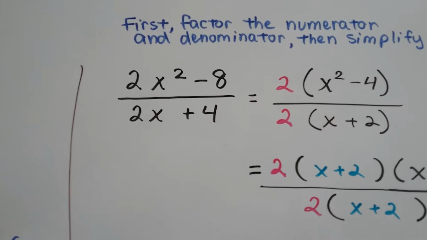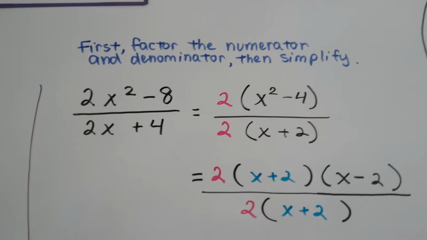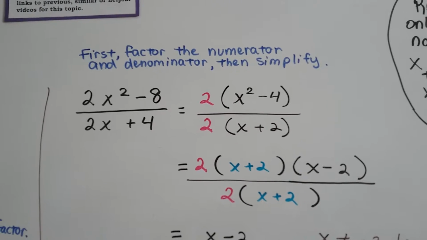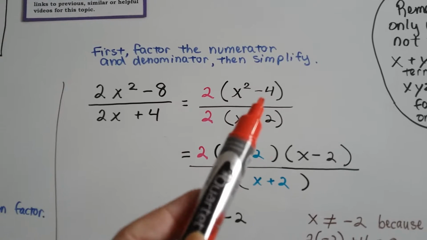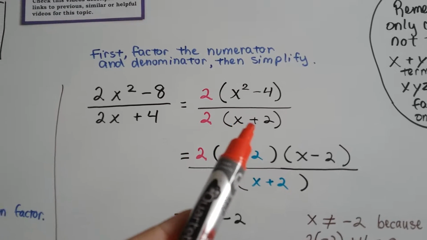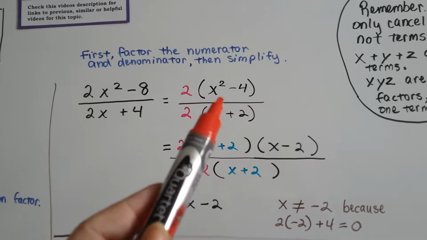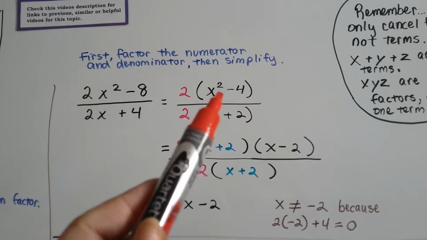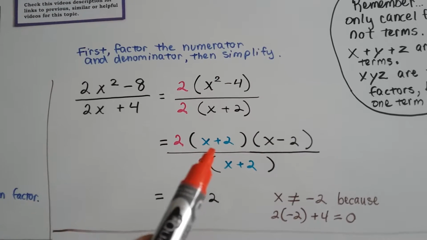We've got 2x squared minus 8 over 2x plus 4. First, we factor the numerator and denominator, and then we simplify it. This can be factored to 2 times x squared minus 4, and the denominator can be factored as 2 times x plus 2. See? We can factor this as x plus 2, x minus 2, right? So we can factor that again.